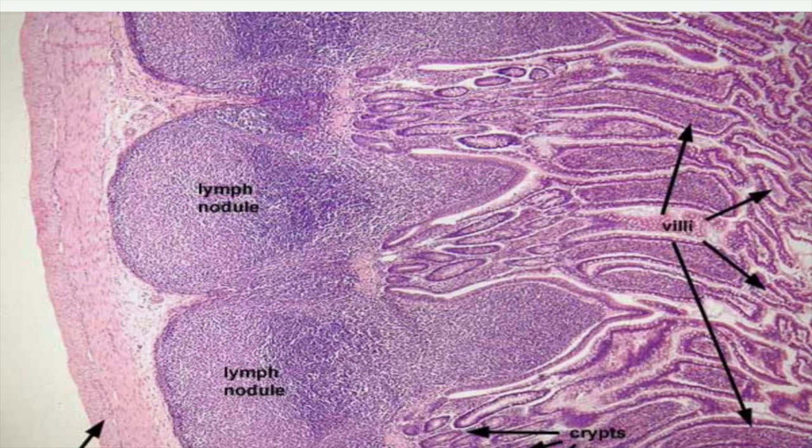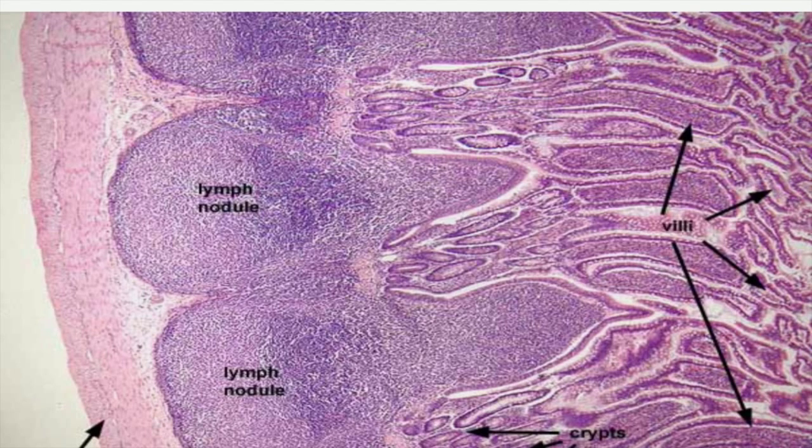This is a picture also for the ileum, showing the villi. These are the villi which are more superficial in position, and these are the crypts which are deeper in position because they are downward invagination. But these are on the surface. These are the villi. All of these are villi.